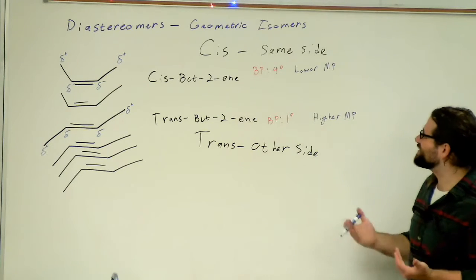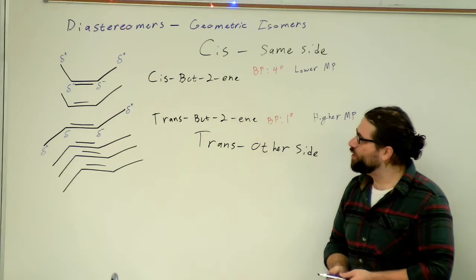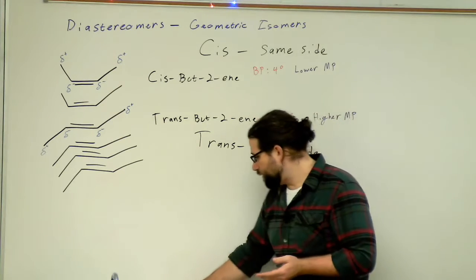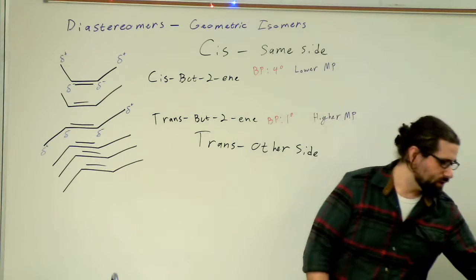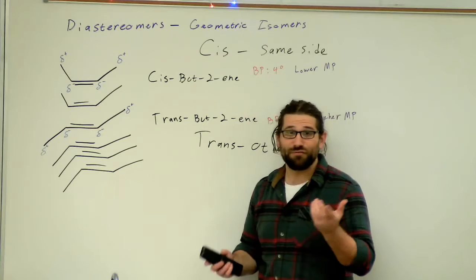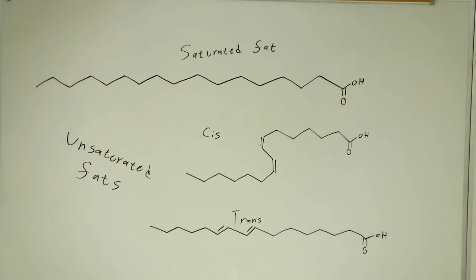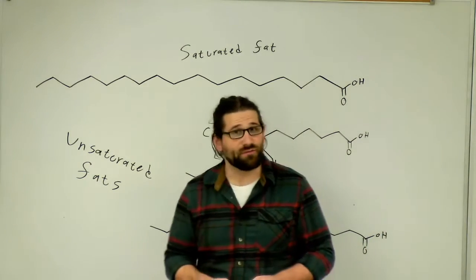So why is this relevant? At 0 degrees, both of these are liquids. Well, this comes into play in a very specific situation for us, especially given our modern food intake. I'm sure you've heard of saturated and unsaturated fats.